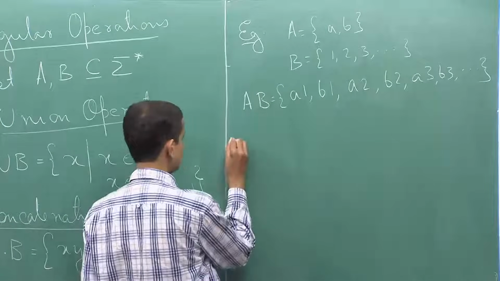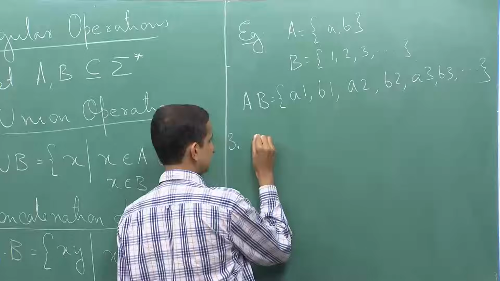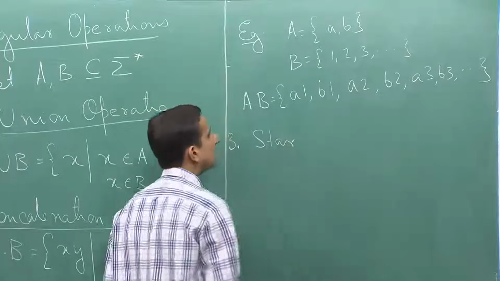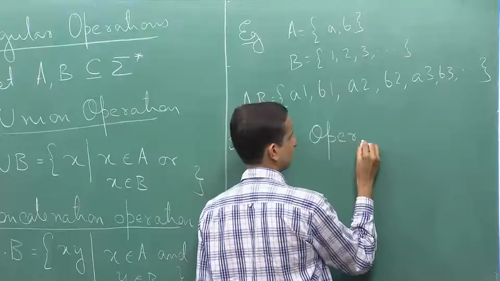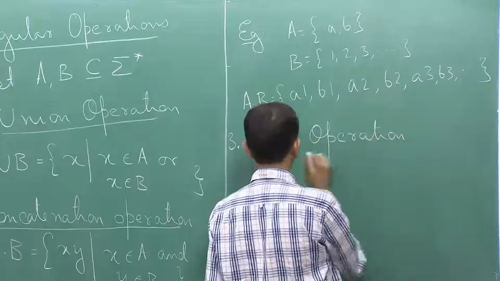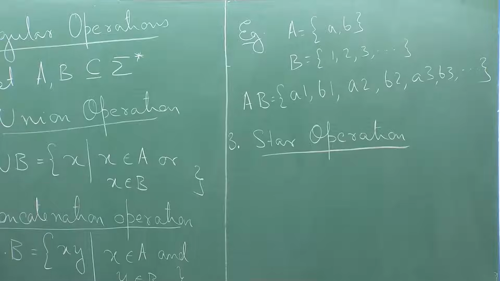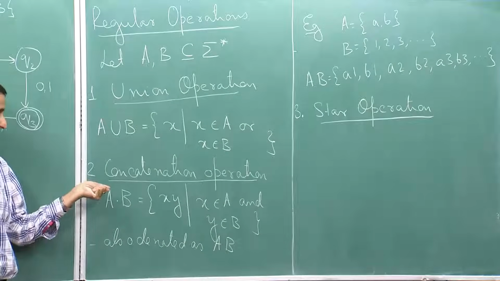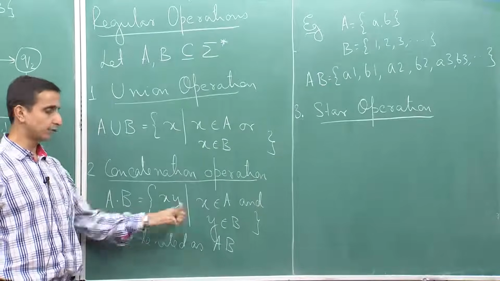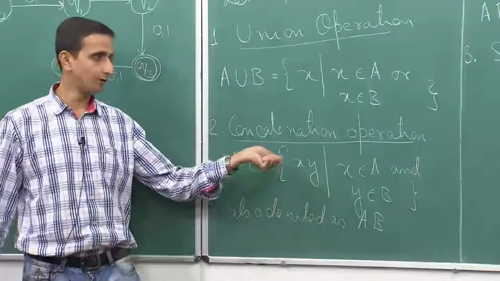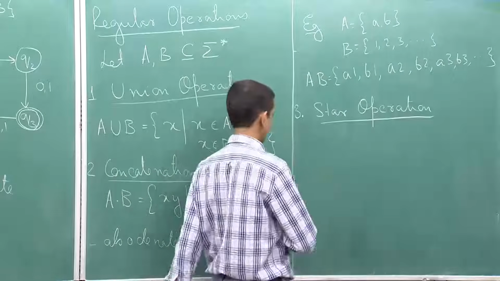And the final operation that we are going to define today is what is called the star operation. The first two operations, that is union and concatenation, were binary operations. In other words, these were operations which took as input two languages and produced one language as output. The star operation is a unary operation, it just operates on one language.